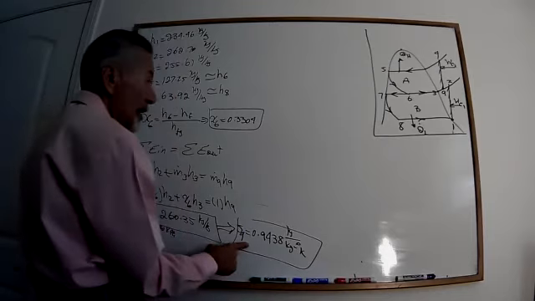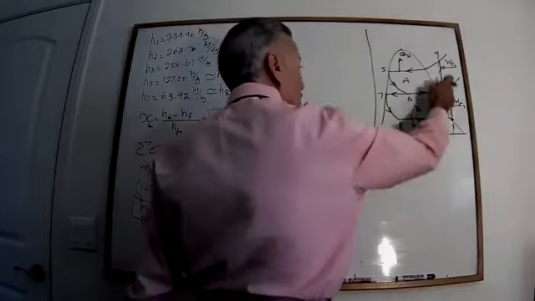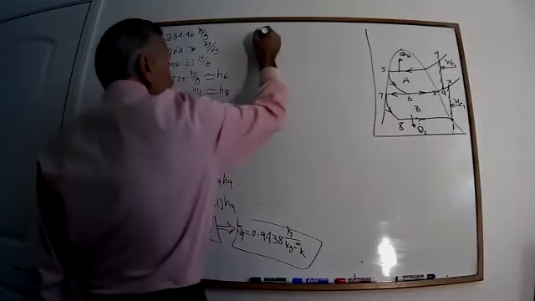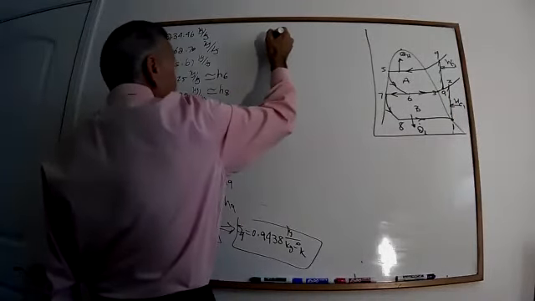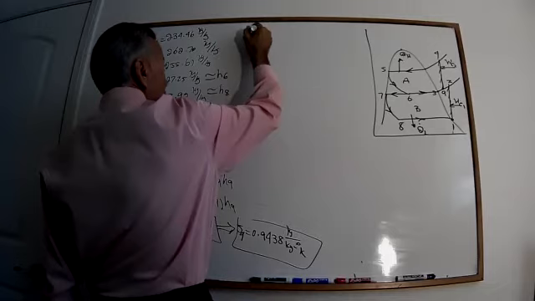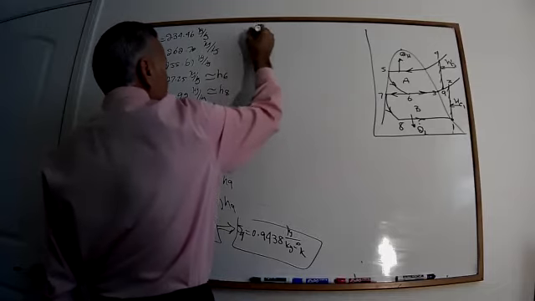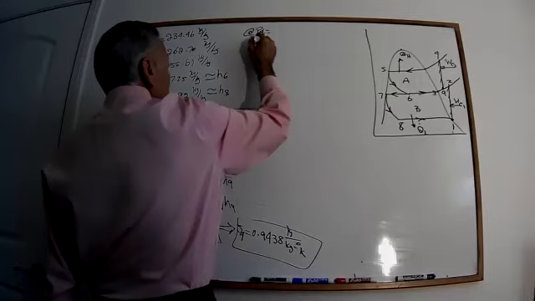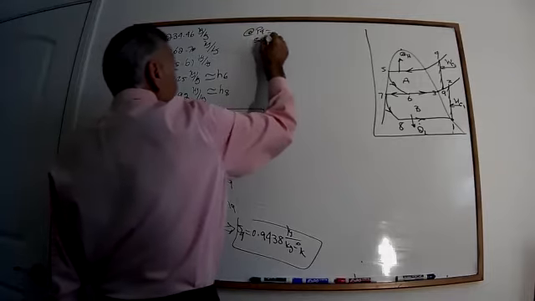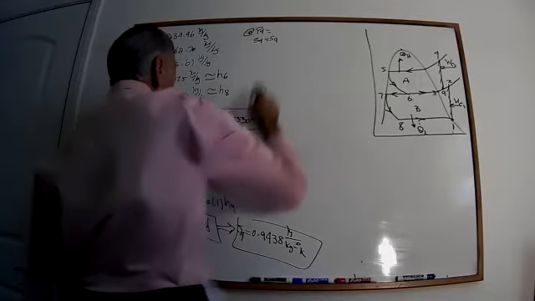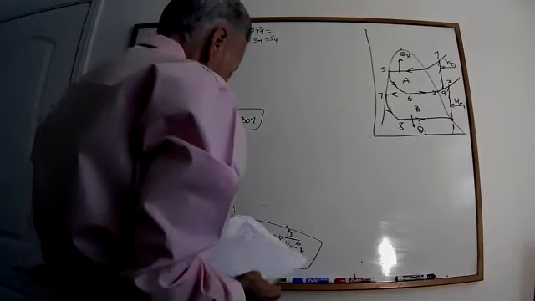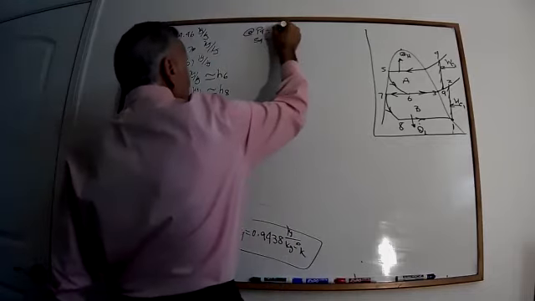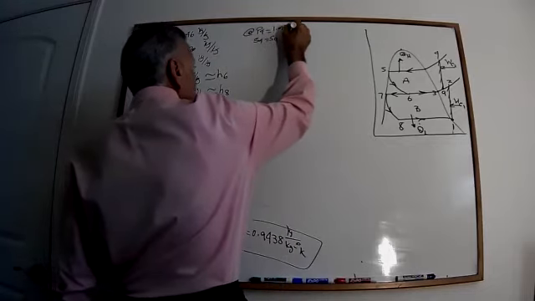Now that I have S9, it is the base of the second compressor. So I can say at P4, S4 is equal to S9. Of course, P4 is 1.4 megapascal.